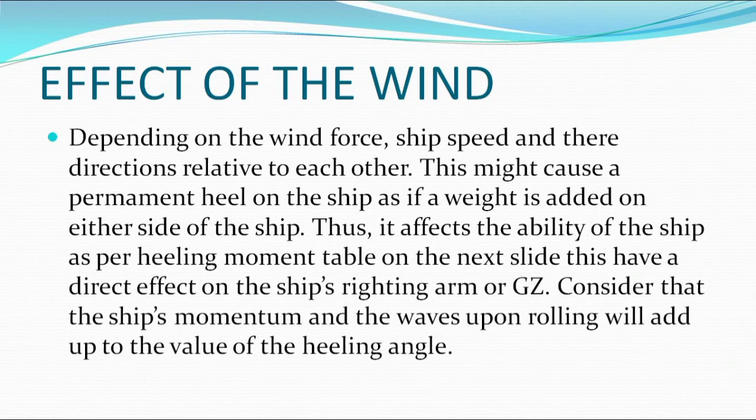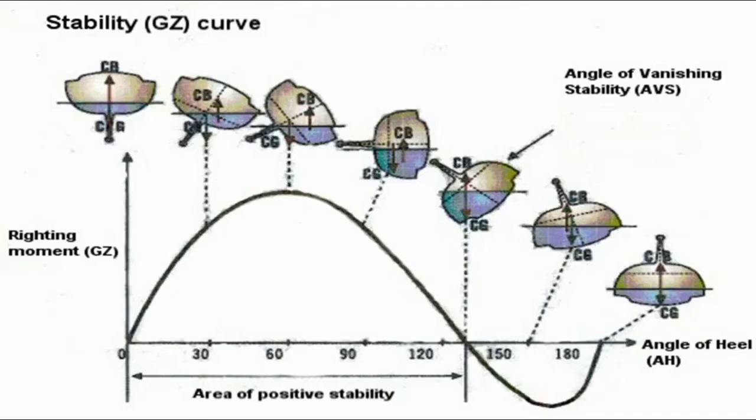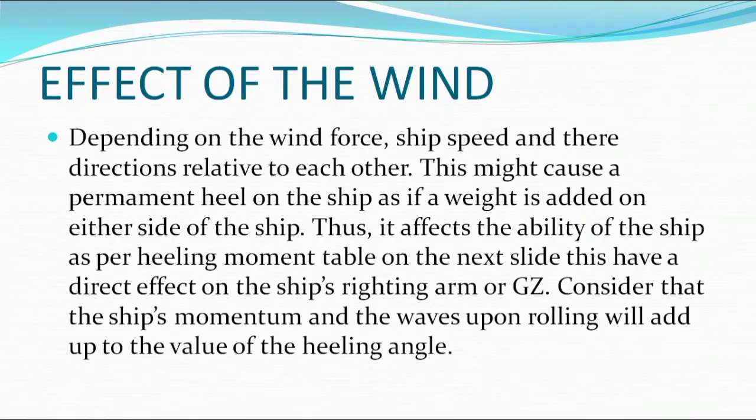This might cause a permanent heel on the ship, as I have mentioned a while ago, as if a weight is added on the side of the ship. Thus, it affects the ability of the ship, as per the heeling moment table on the next slide, this one. This has a direct effect on the ship's righting arm or GZ. Well, that is very correct. Consider that the ship's momentum and the waves upon rolling will add to the value of the heeling angle. Okay?